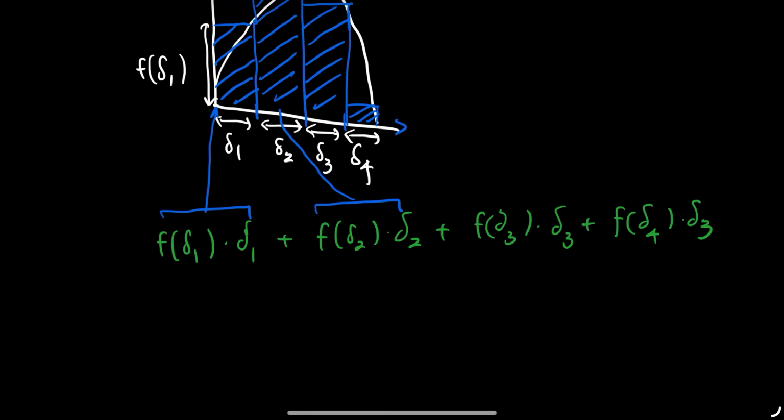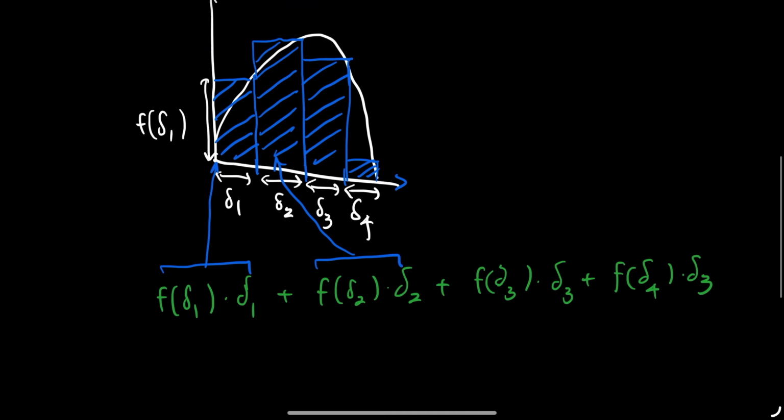This represents this rectangle, right? Makes sense, right? This is the sum of all the rectangles under this curve.